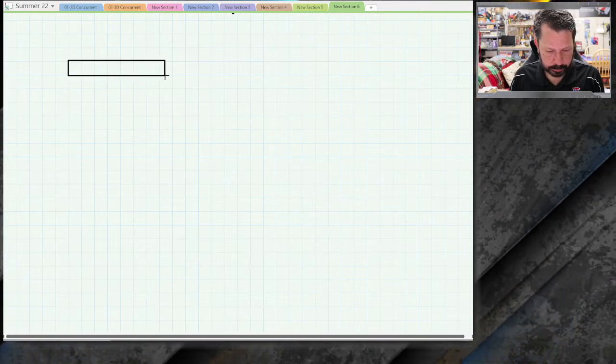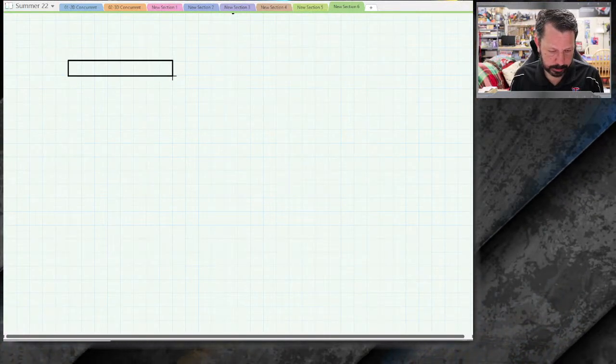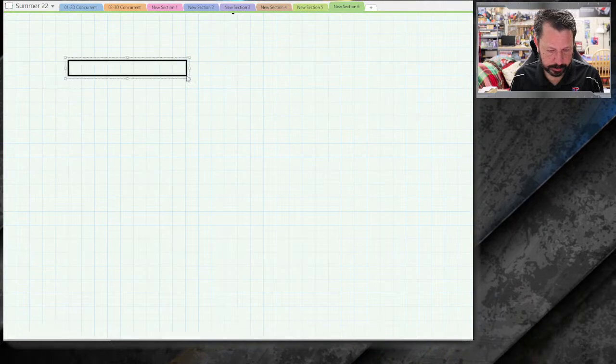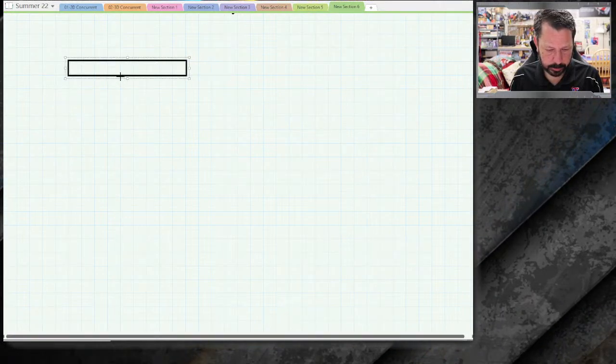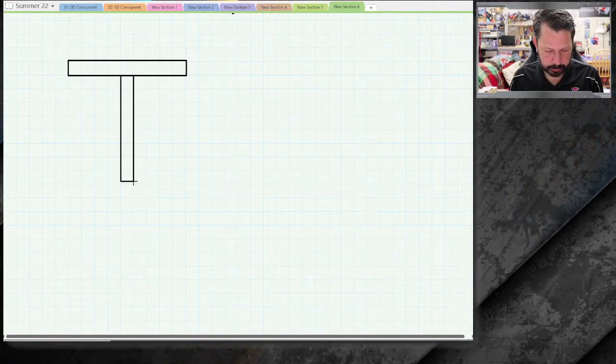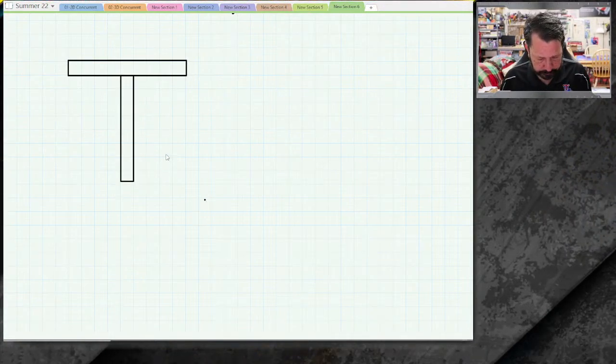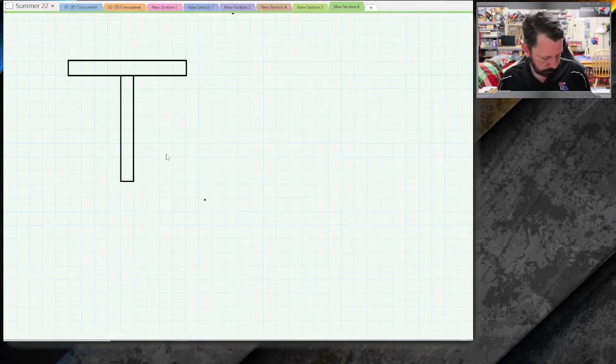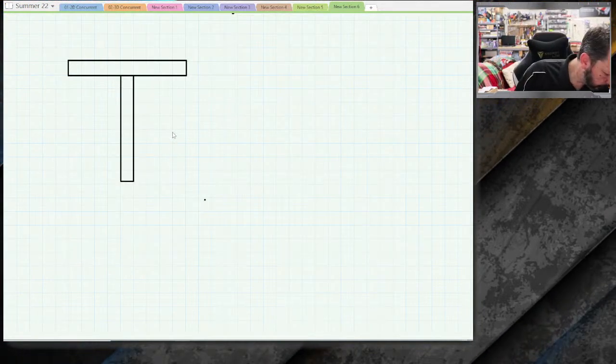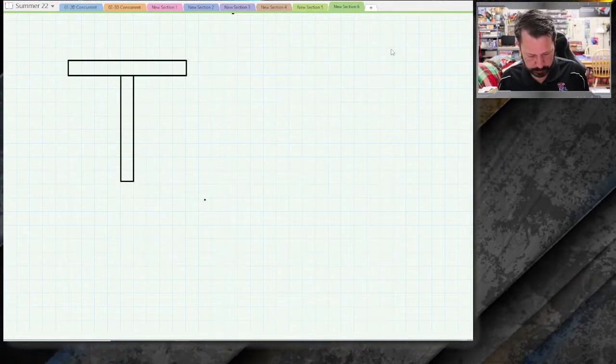So let's see, is there one more? That and that. All right. So we have made a T-beam. Let's see if we can find a picture of a T-beam.